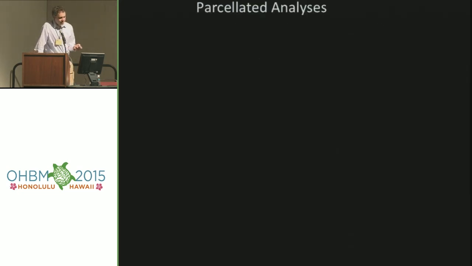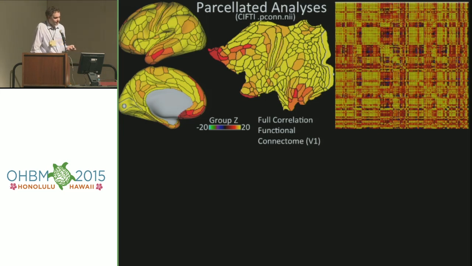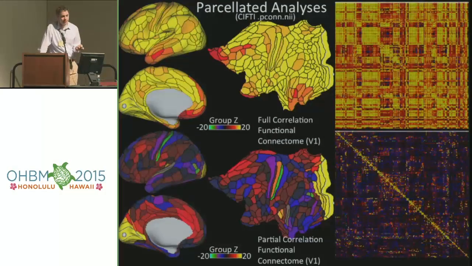We could do other kinds of parcellated analyses, like make parcellated connectomes. This is with full correlation where we seeded V1 back here. We can also do a partial correlation where, for each pair of areas here, we find the unique connectivity between each pair, say between V1 and V2, where we've controlled for the connectivity of every other area.